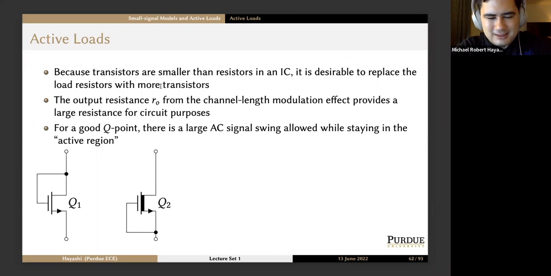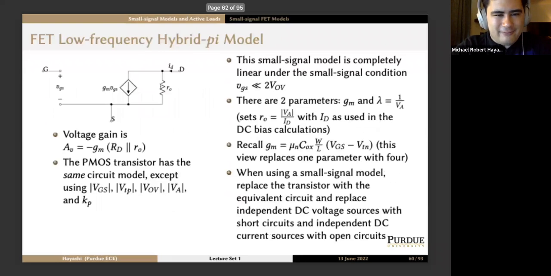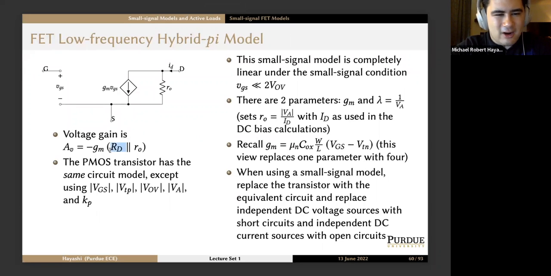If we were to replace RD with the RO from another transistor, we would get minus GM RO in parallel with RO, or negative 1/2 GM RO.